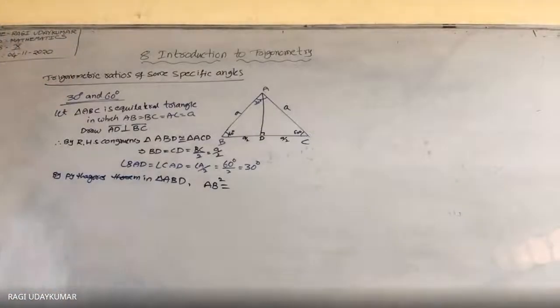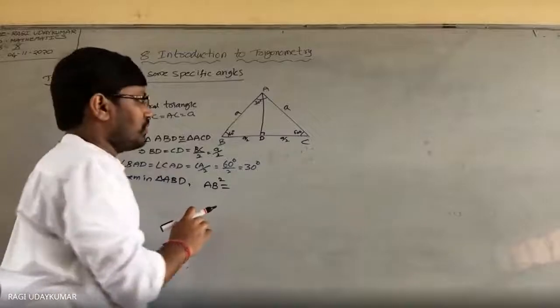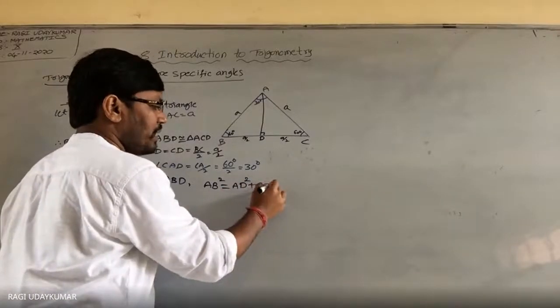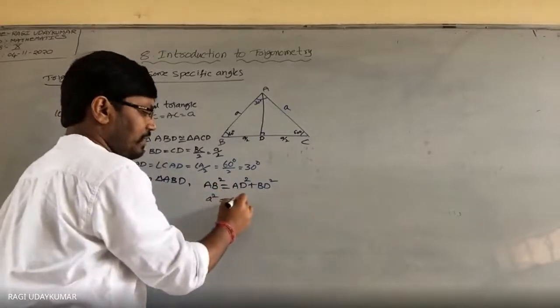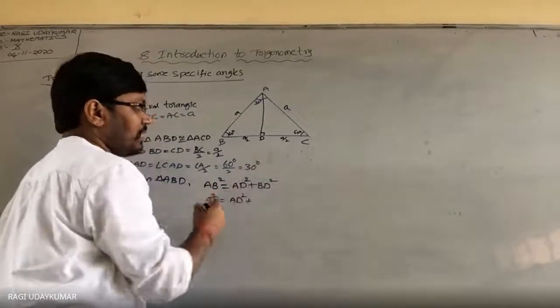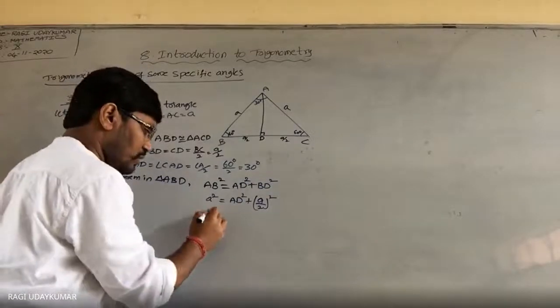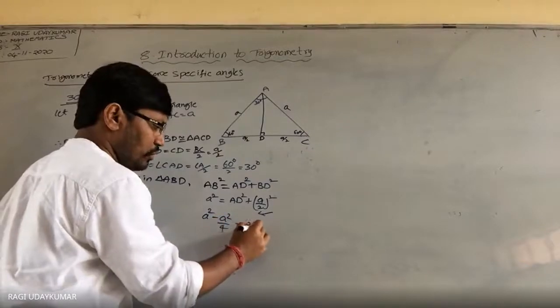What is the Pythagoras theorem in triangle ABD? AB square is equal to AD square plus BD square. AB is a, so a square. AD we don't know. BD is a by 2, which we know, so a by 2 whole square. So a square minus a square by 4 is equal to AD square.